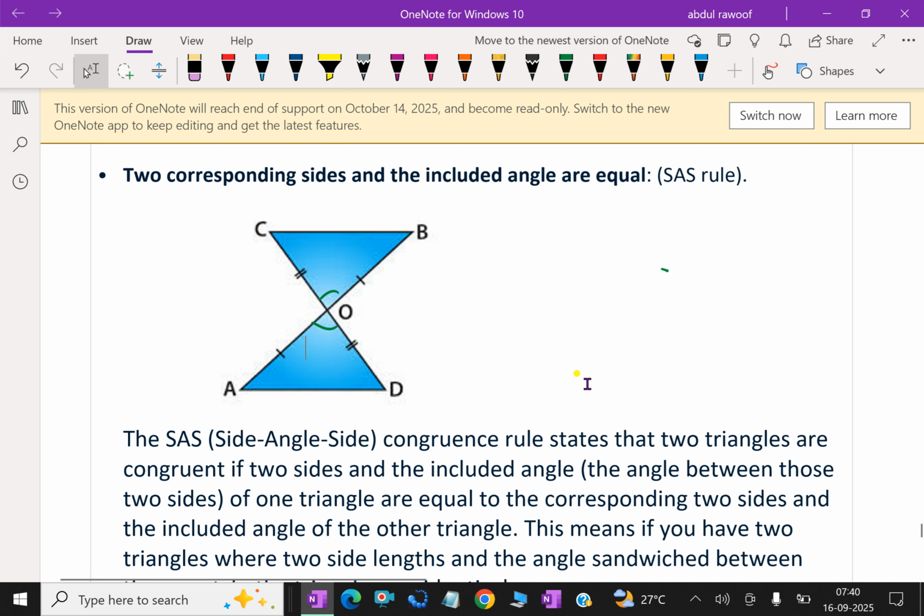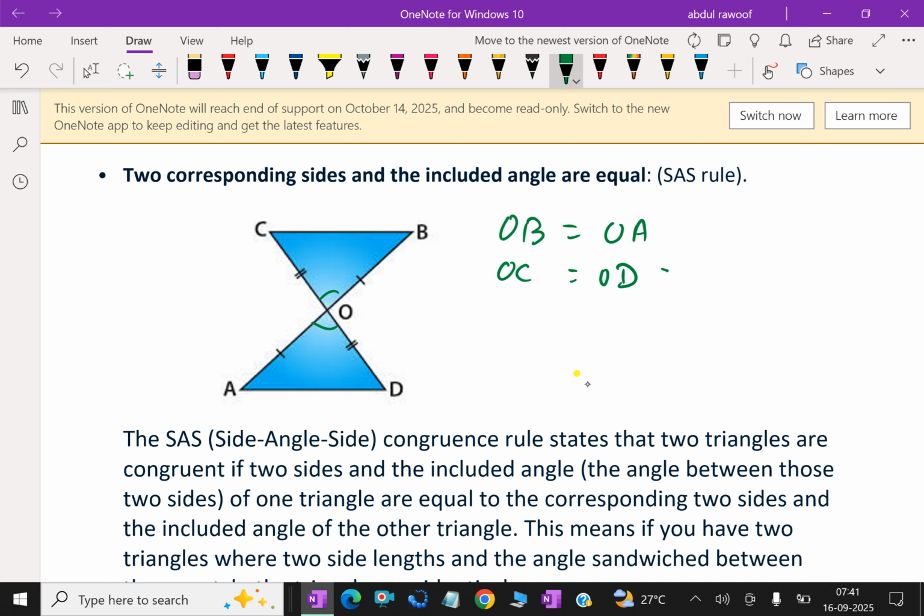We can write, suppose here OB equals OA and OC equals OD and angle BOC is congruent to AOD. Then these triangles, OBC is congruent to OAD.